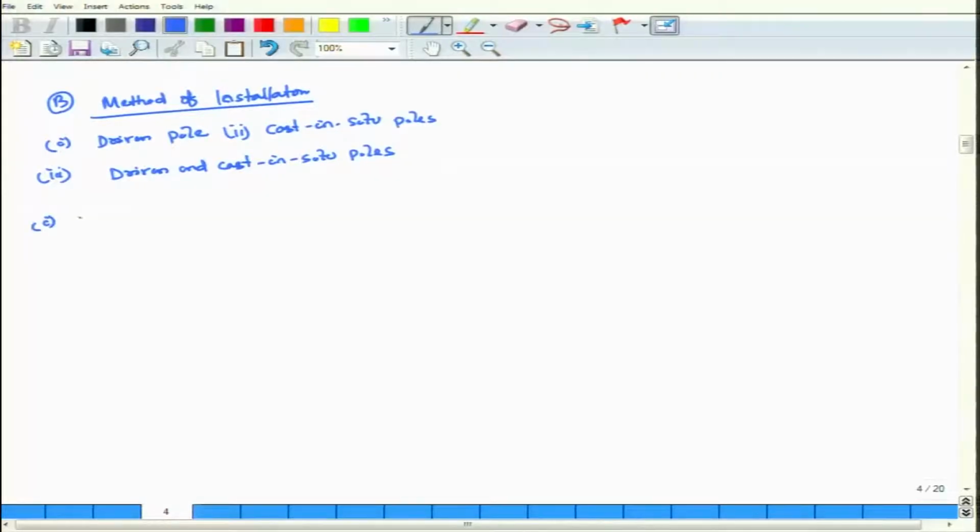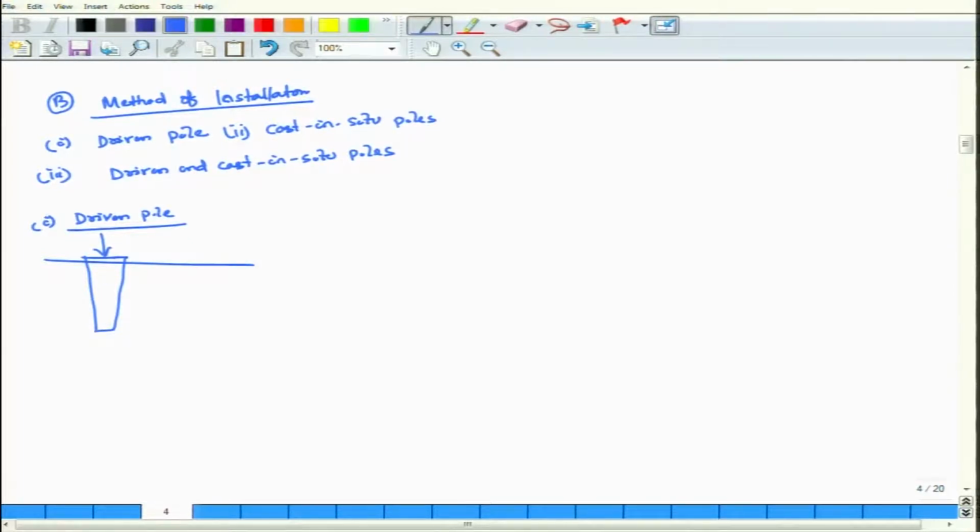Now come to your driven piles. If you look at the driven piles, what happens is from the top by means of hammer, this pile has to be driven inside.